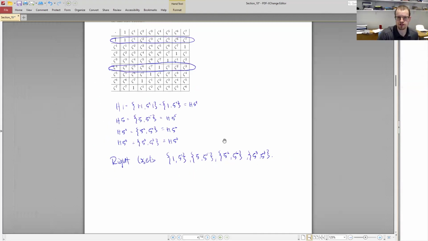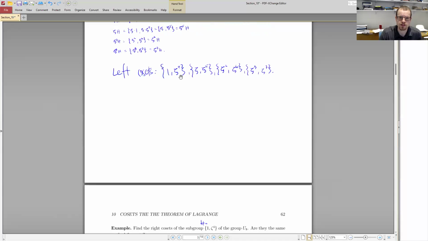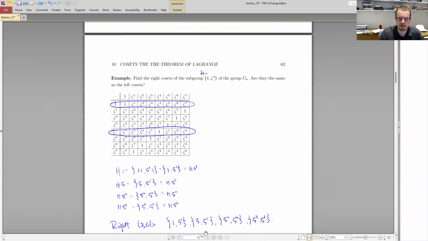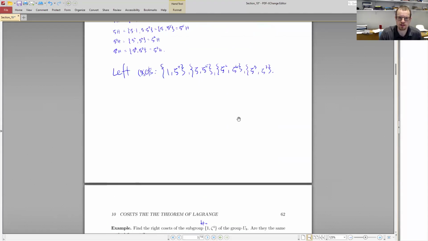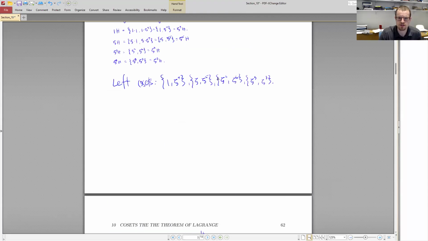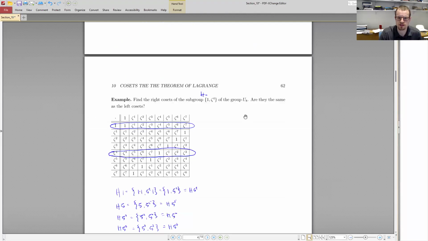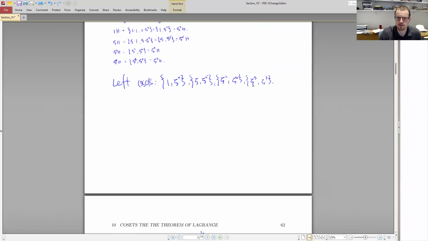Finally, we want to compare this to our left cosets. So the number 1 and zeta to the 4th, zeta and zeta to the 5th, zeta squared and zeta to the 6th, and finally zeta cubed and zeta to the 7th.